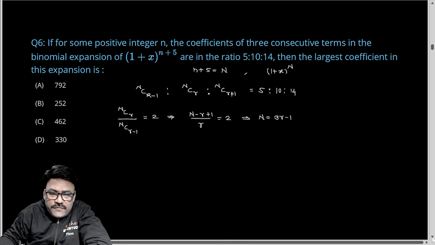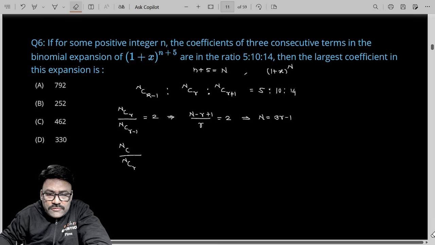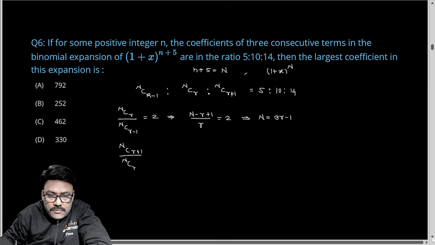Now if I take the ratio of the next two, NCr plus 1 over NCr, the ratio of the next two is 14 by 10, which means 7 by 5.